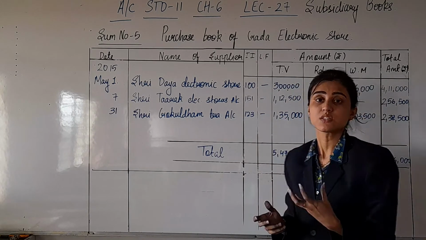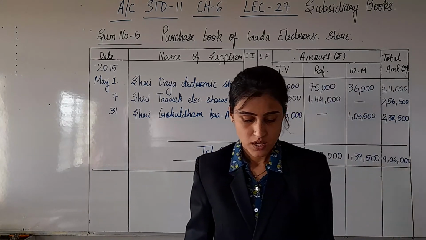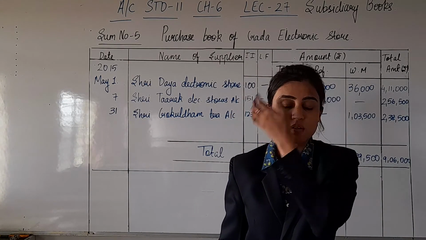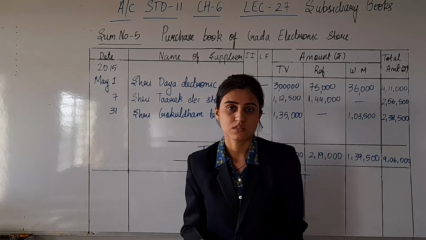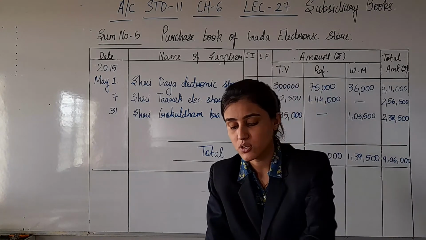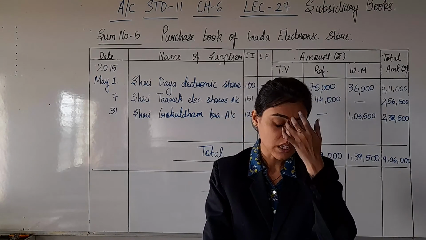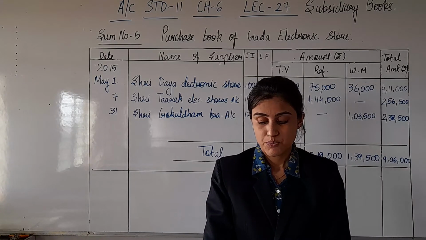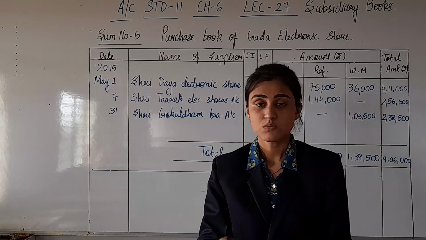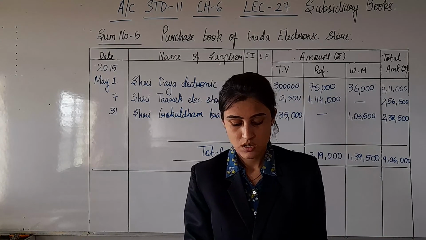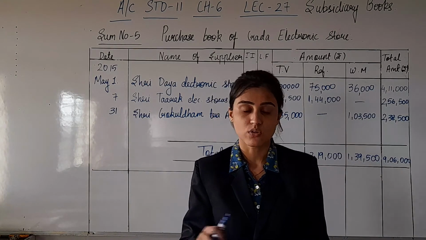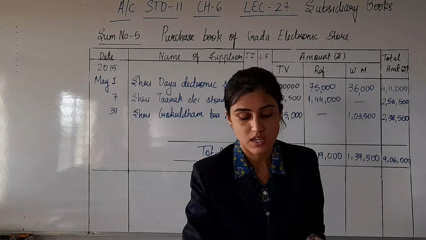The sum was quite interesting, I think, and was easy, of course. And the next thing that we are going to learn is the columnar purchase book, again, but with the columns of expenses. Before that I would like to tell you something: preparation of columnar purchase book with the columns of expenses has been changed since 2017 after the introduction of GST, that is goods and service tax.